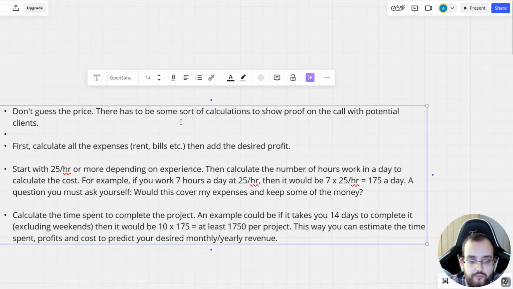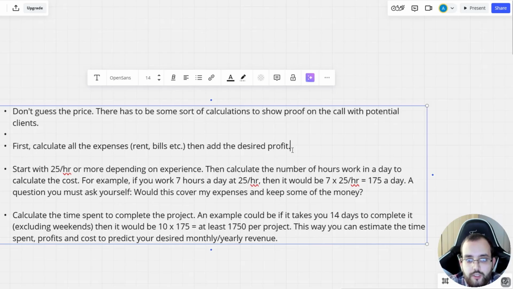Okay. Now, on to the second one. First, calculate all the expenses: rent, bills, etc. Then add the desired profit. So make sure you add all your expenses. That can be food, water, rent, bills, car insurance, anything.